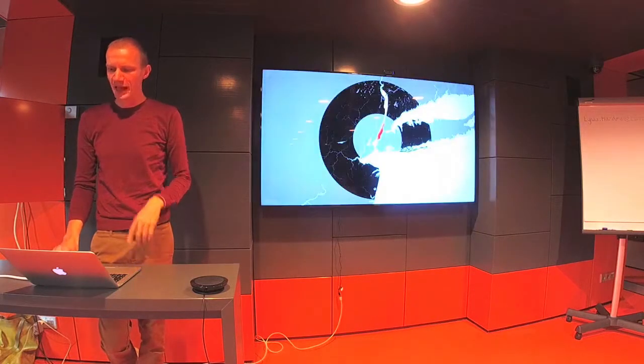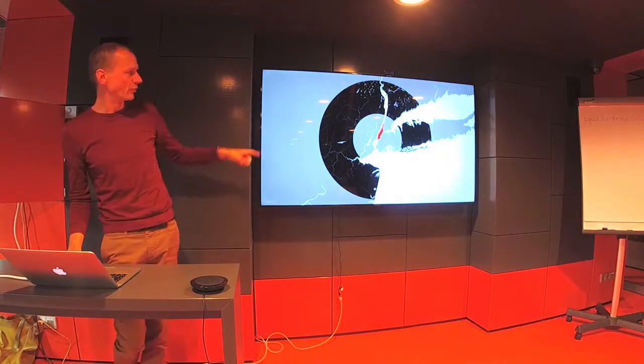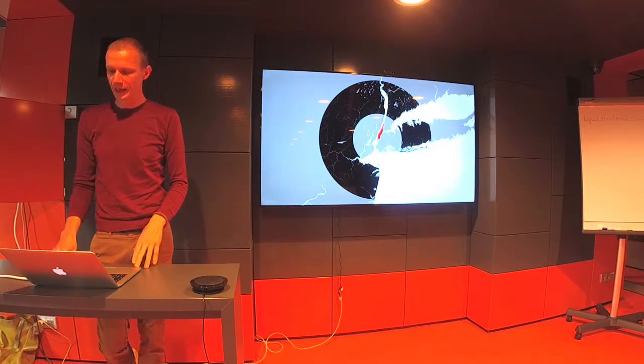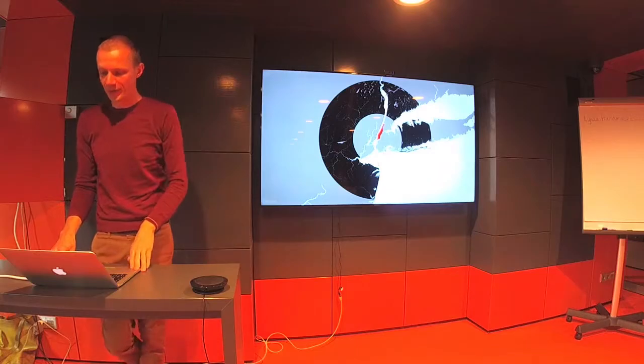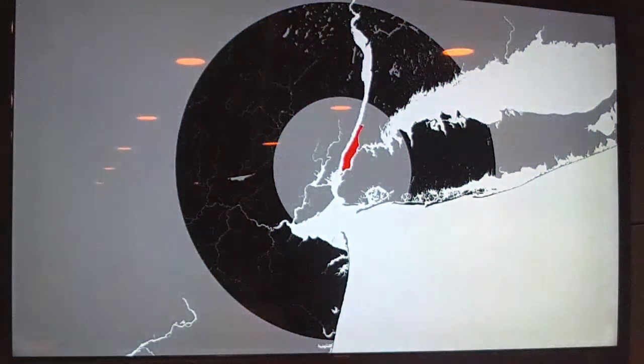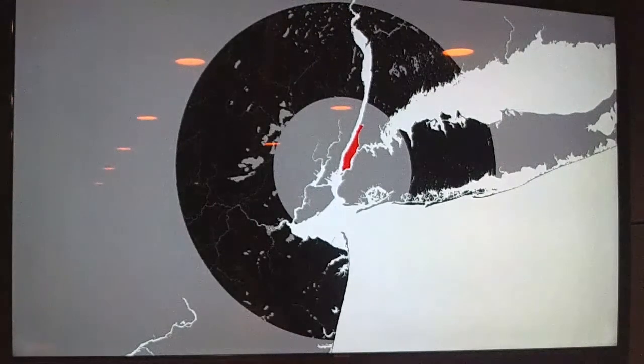So here's a map of New York City, the red part being Manhattan. Right at the tip of Manhattan is Wall Street, and this black area around it is called the data donut. This is where all the data centers are being built, and they do the trading. The outer perimeter of that is limited by the speed of the fiber optic network.